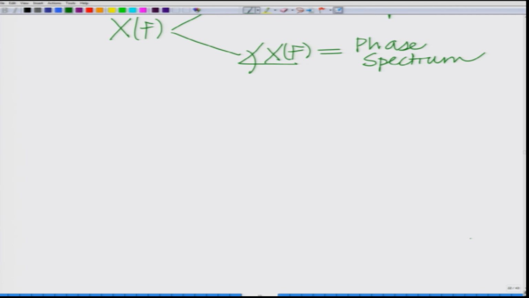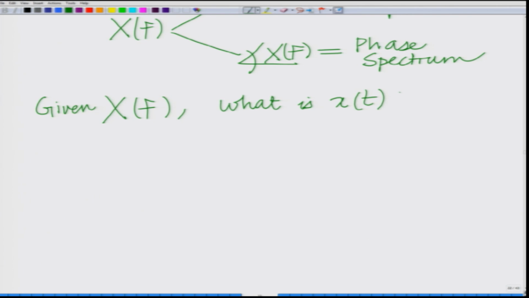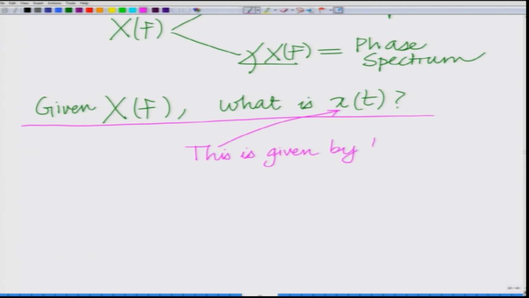Of course, we are also interested in the inverse problem: given the Fourier transform X(f), how to find the corresponding time domain signal x(t).